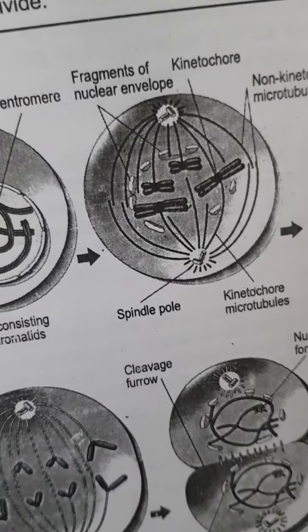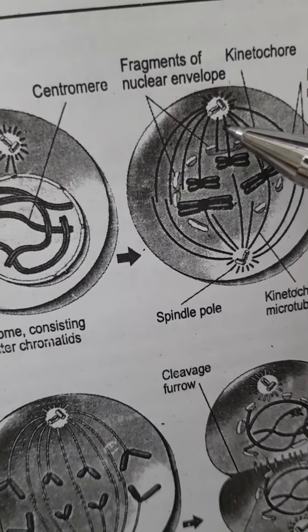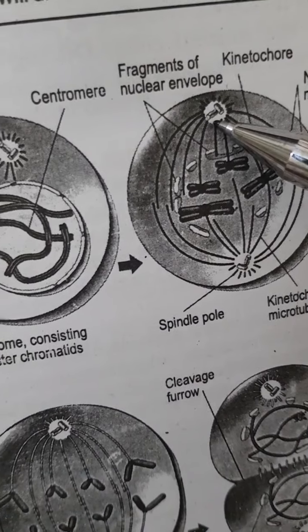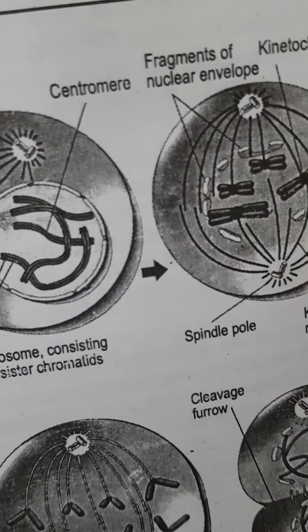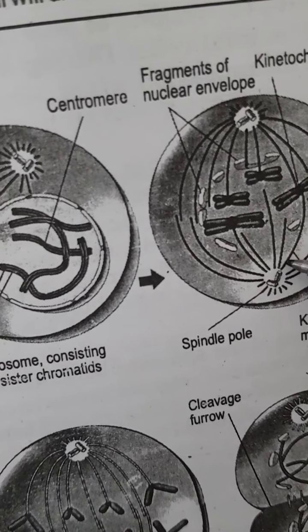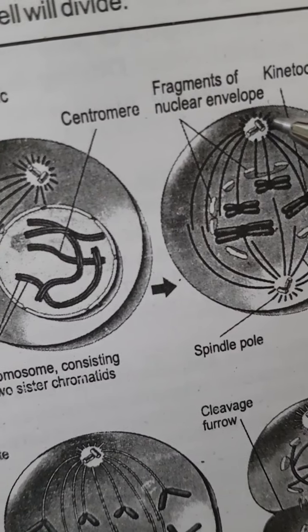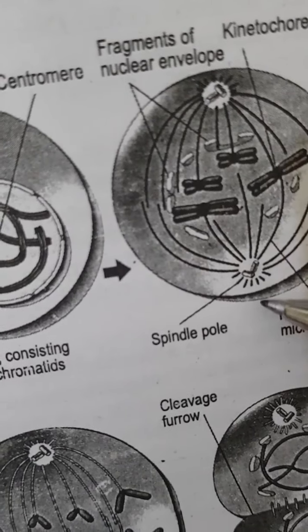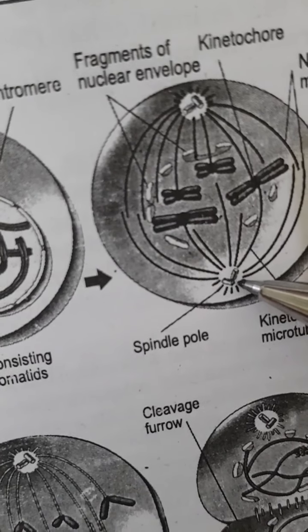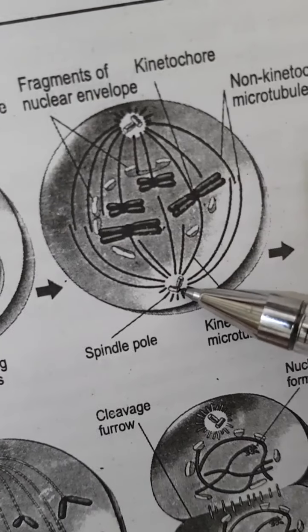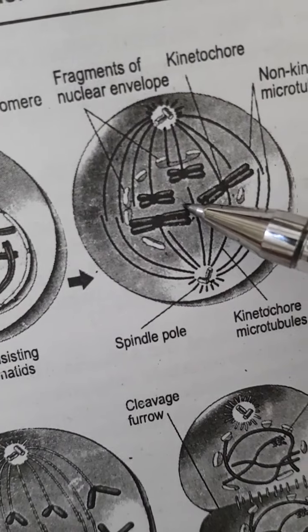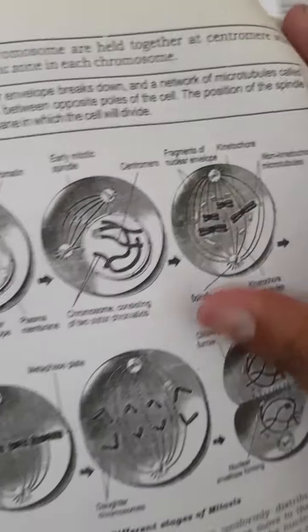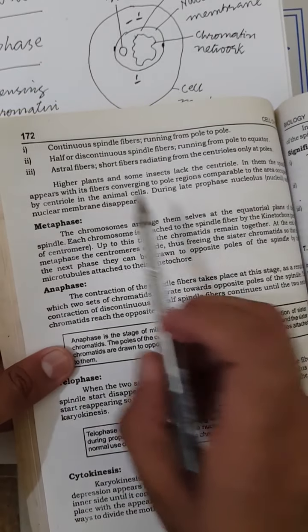Here are the three fibers. This is emerging from this pole, and it is coming only to the half of the area. This is a continuous fiber which is going towards this pole, and the third are emerging from this pole, but they are not going to the next pole, or to the half of it.